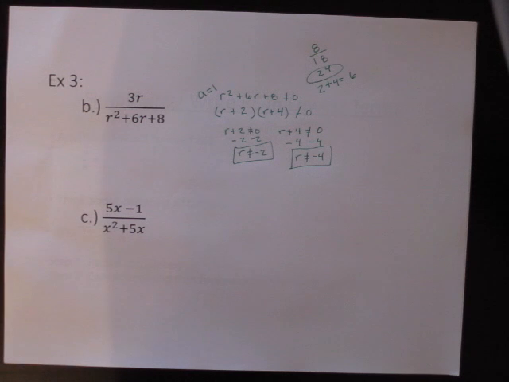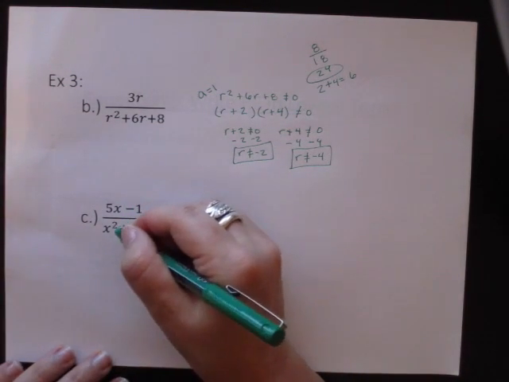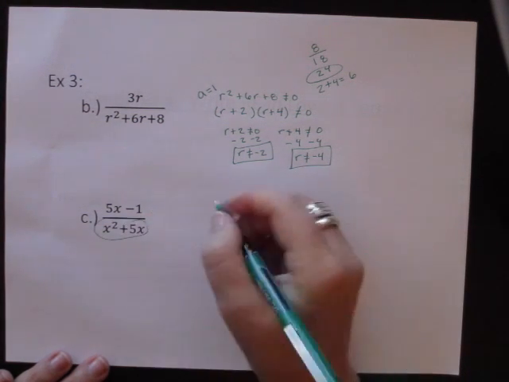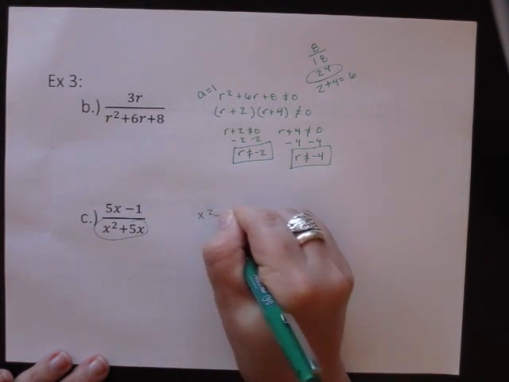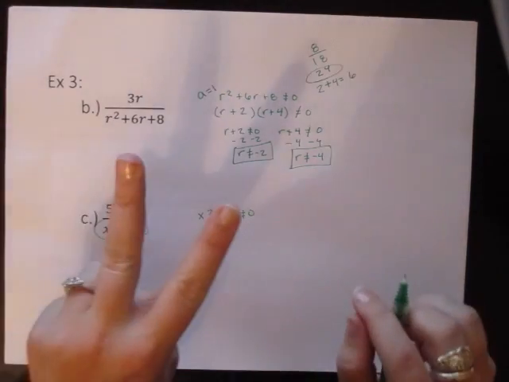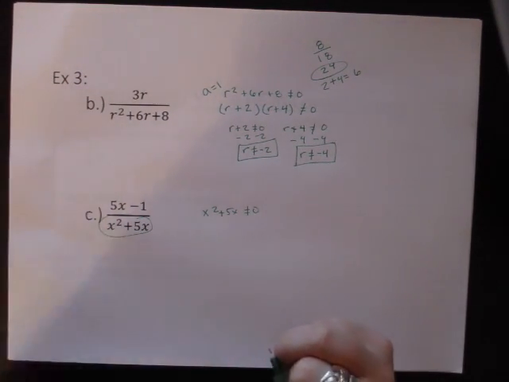Alright, so go ahead and try C for me. Alright, so we've got 5x minus 1 over x squared plus 5x. The only thing I care about is my denominator, so I'm going to say x squared plus 5x cannot equal 0. I see that I have 2 terms, so it either can be a GCF or a difference of perfect squares.